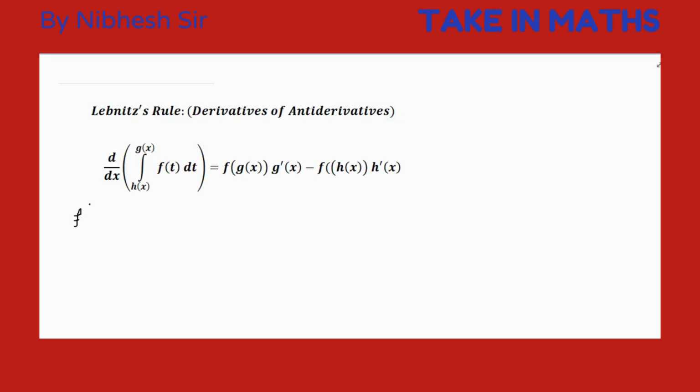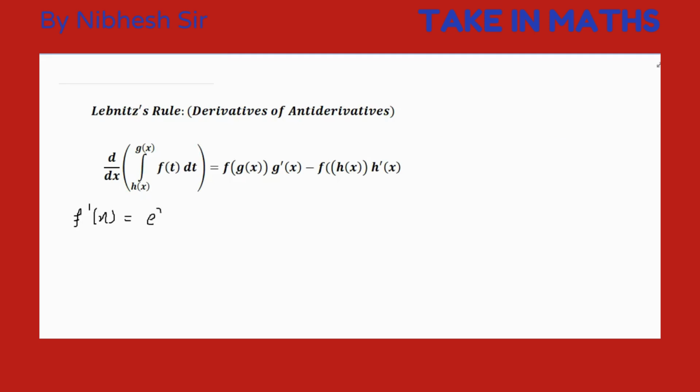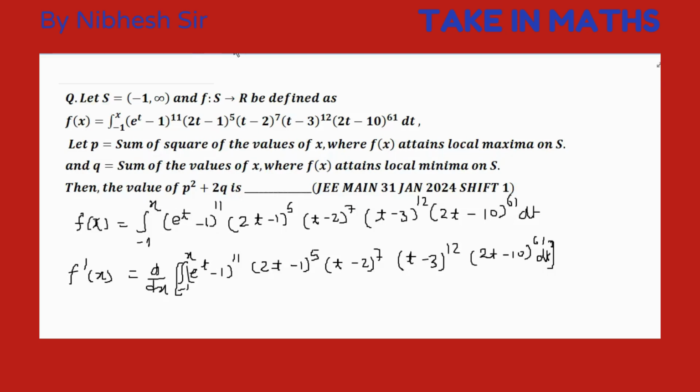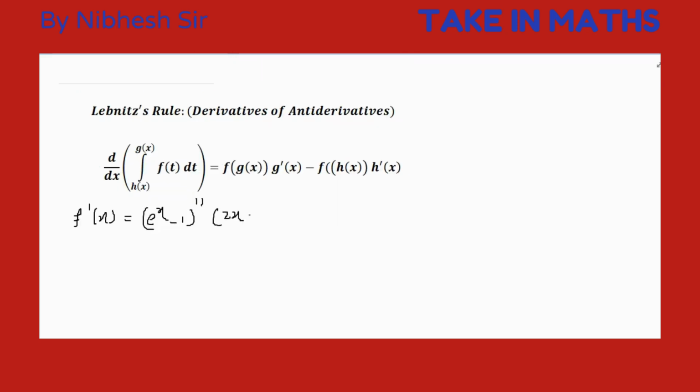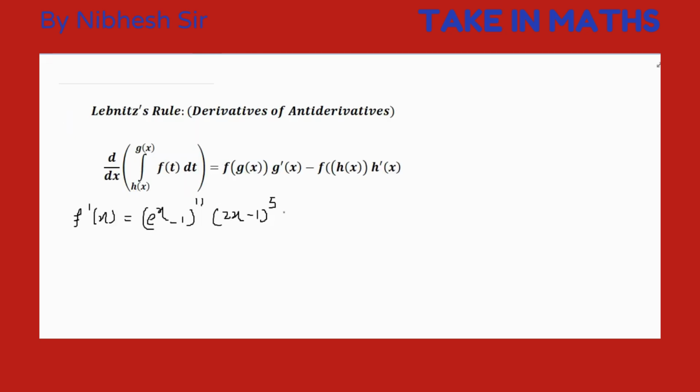So f'(x) is basically here, if you replace here, it becomes (e^x - 1)^11, (2x - 1)^5, next one is (x - 2)^7, then (x - 3)^12, and then (2x - 10)^61, and then differentiating the upper limit, that is x, right?